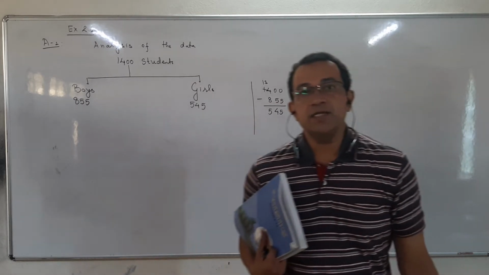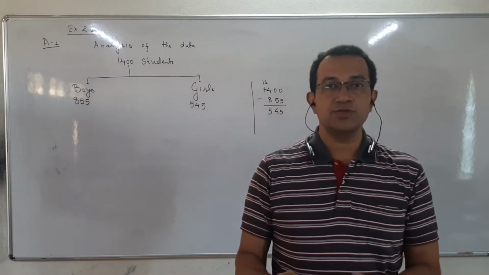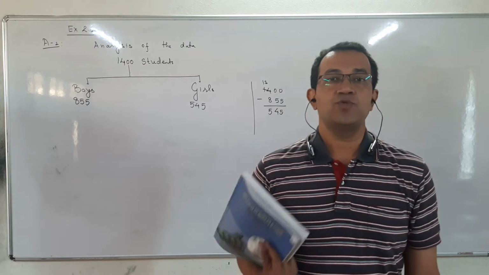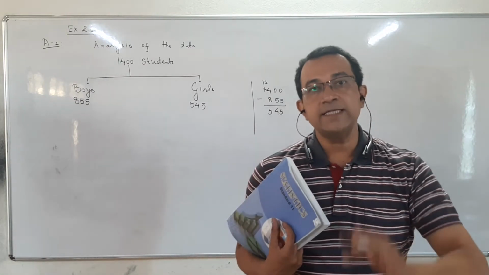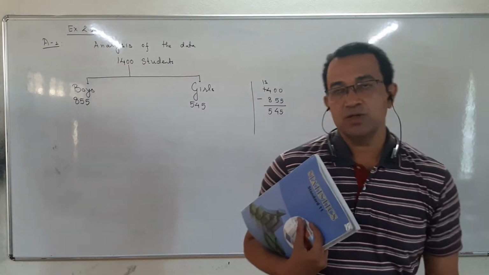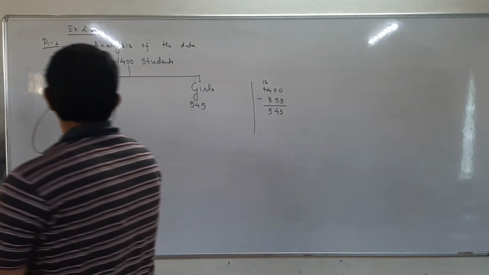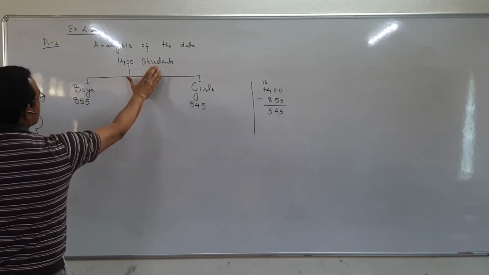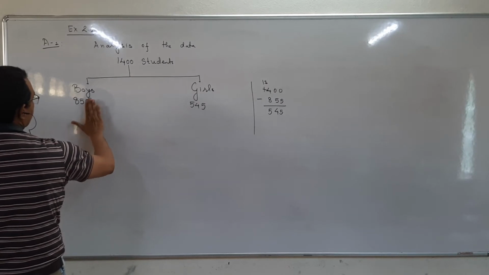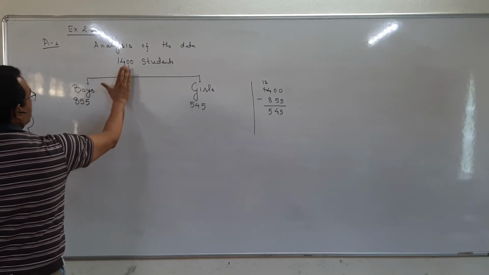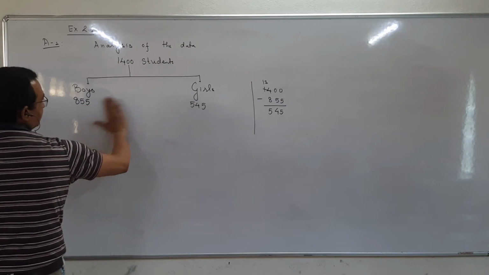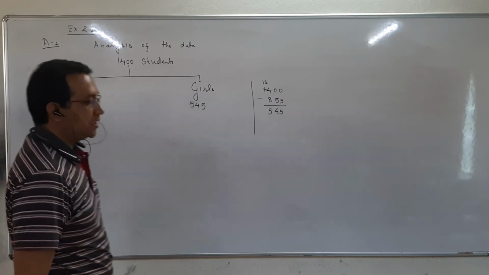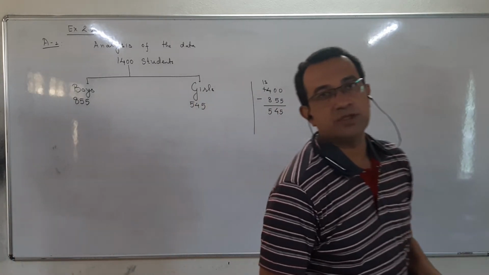So in the analysis of the data, students, we have to go at ease. Once again, total there were 1400 students studying in a college, out of which 855 were boys. So 1400 minus 855 is 545, and definitely 545 will be the girls.